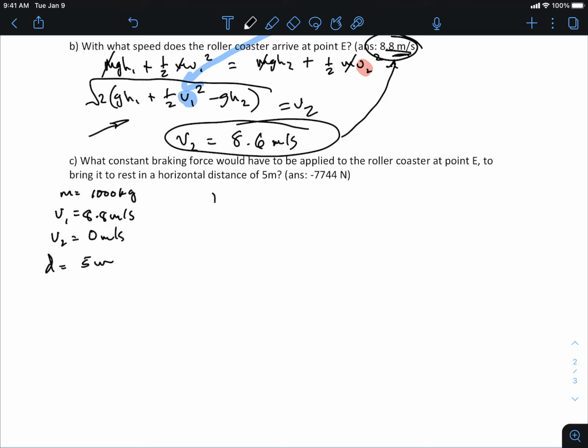Okay, and so we know that work is defined as the change in kinetic energy. We'll do two things here. One, we'll write out the two kinetic energy statements: there has to be a half mv2 squared minus 1/2 mv1 squared.